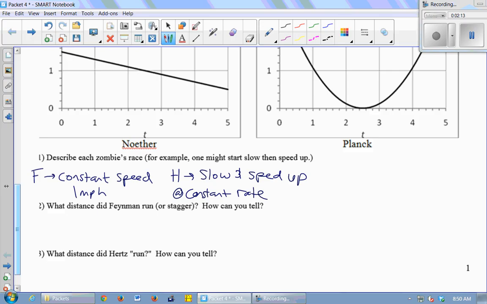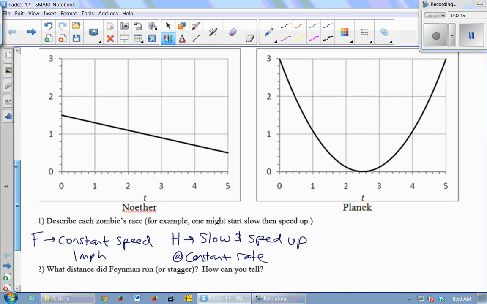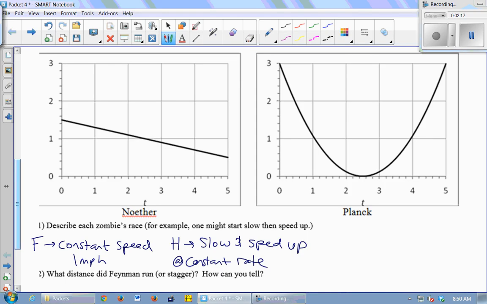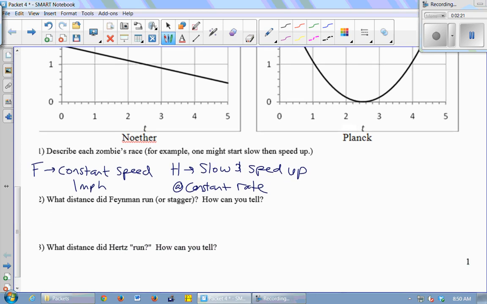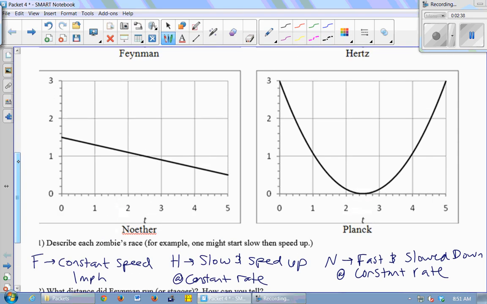All right, how about Noether? Yep, started fast and slowed down at a constant rate. How about Planck? Started really fast at 3 miles per hour.